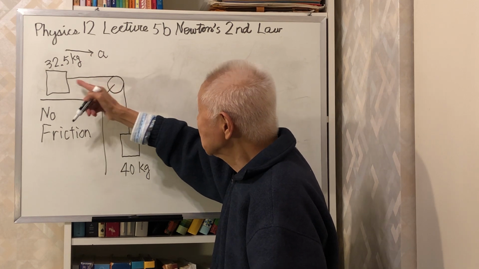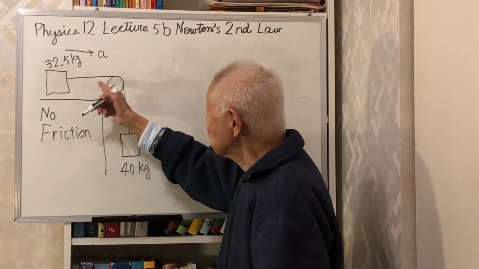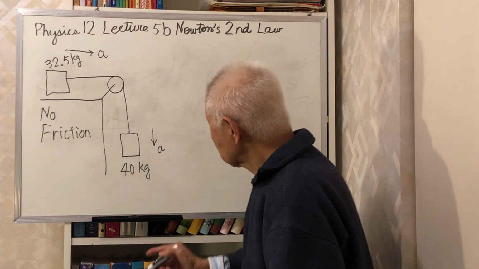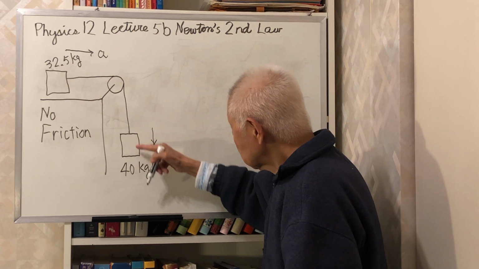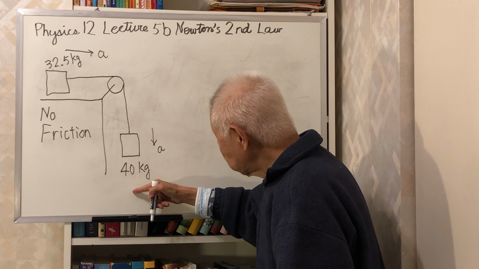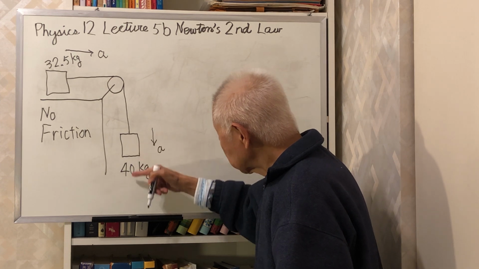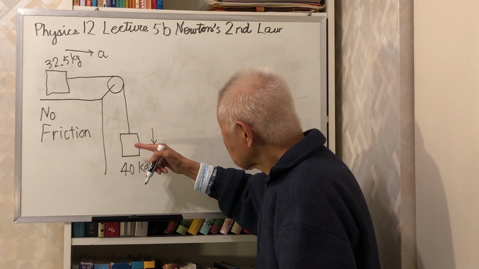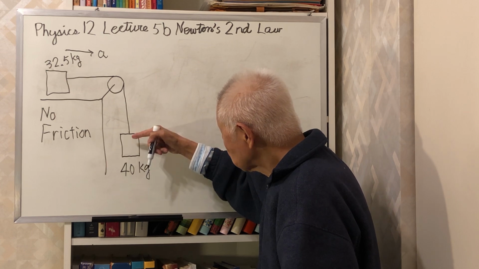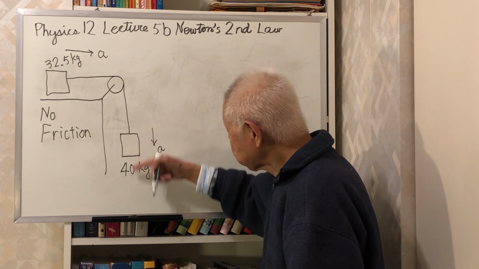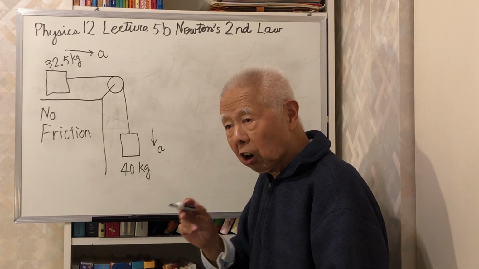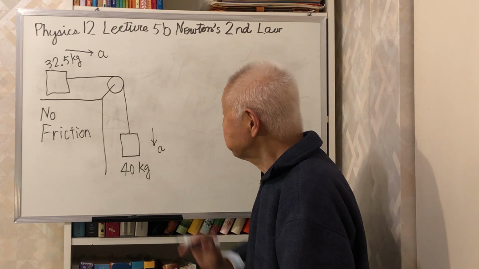The tension will make this move to the right hand side. For this block, the force of gravity is down, therefore this force will make this block move down. So this force is the cause of the motion.